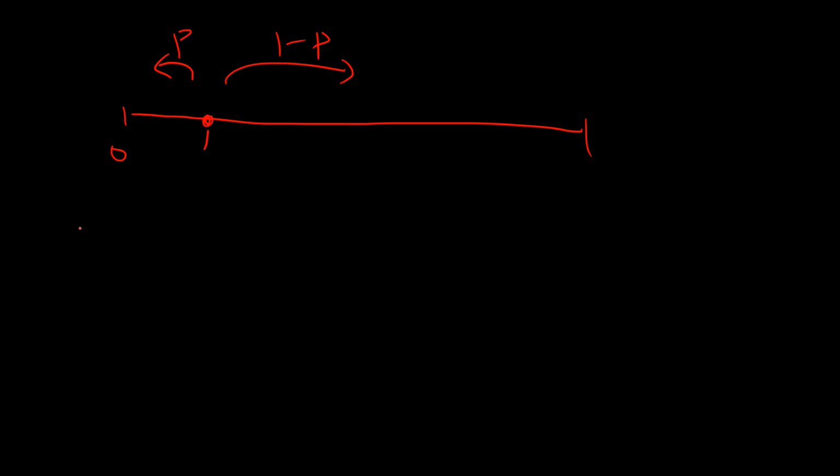Okay. So I can add p1. p1 is just the probability of going left one step. So p1 means the probability of going from 1 to 0.